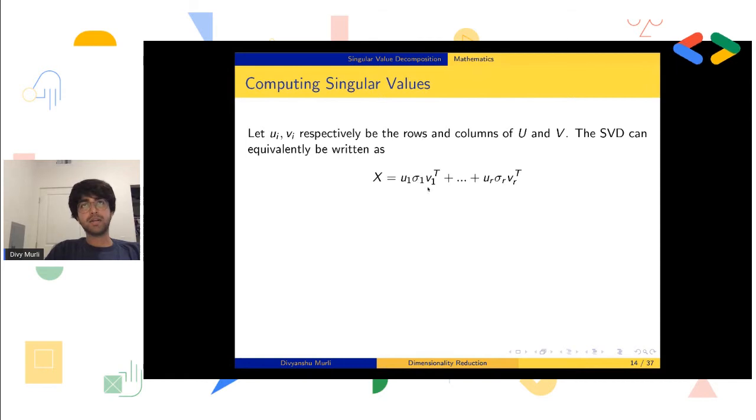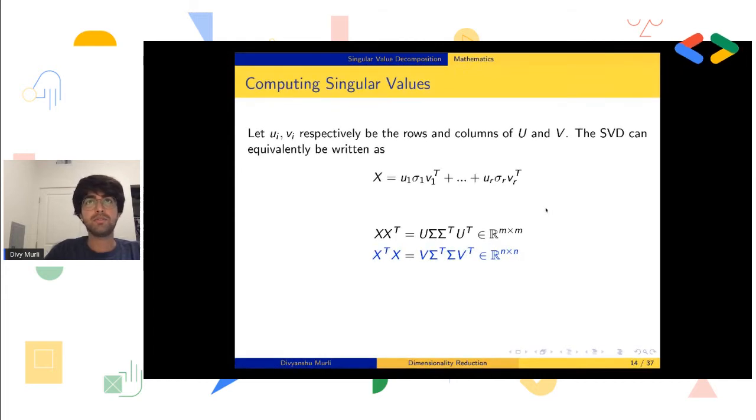And these will turn out to be building blocks for reconstructing a matrix. So that's where PCA, where SVD gets super cool, and I'll go into that in a few slides.